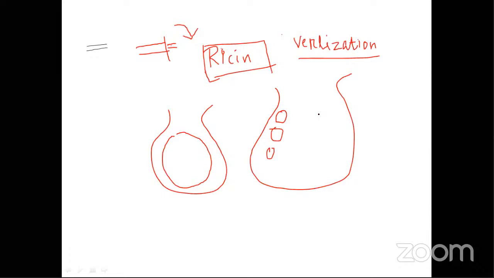What sort of arrangement the ovule has inside the ovary, that thing is called placentation. Based on that we can find various types of placentation.